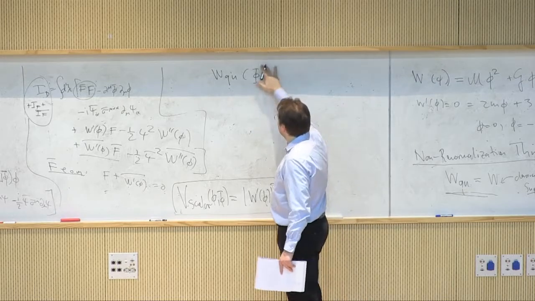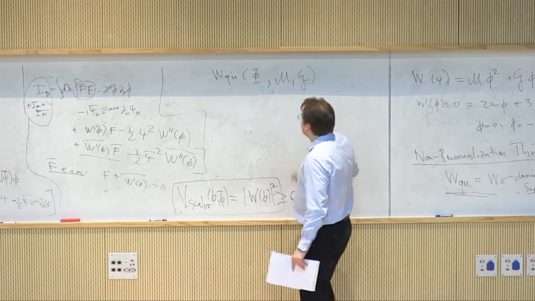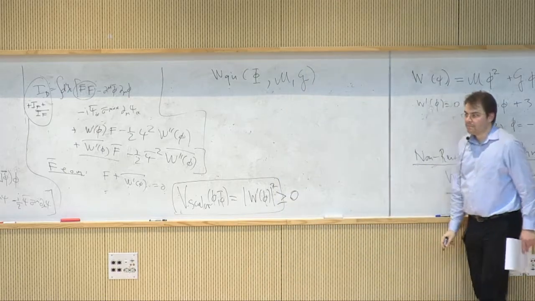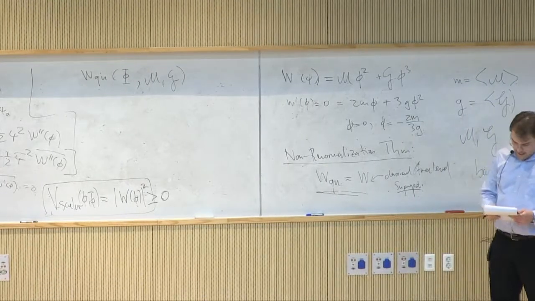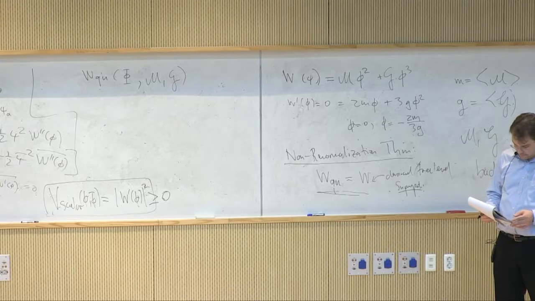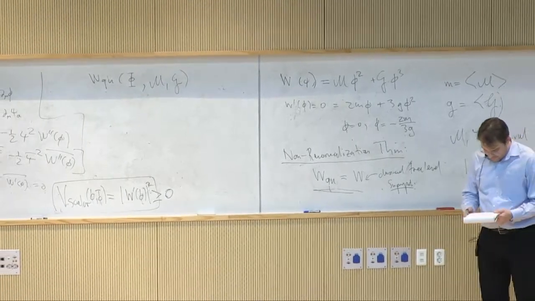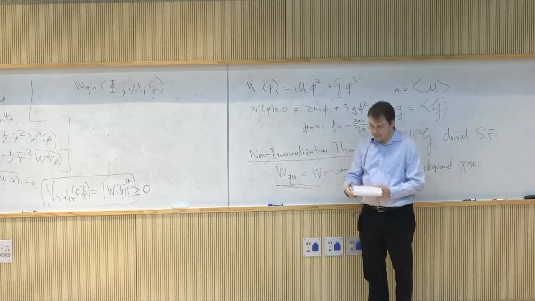But now that I know that script M and script G are chiral superfields, I really need to demand that this W quantum is holomorphic in all of them. Okay, so that's the first step in proving the non-renormalization theorem.